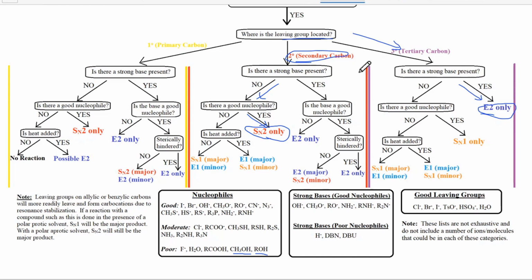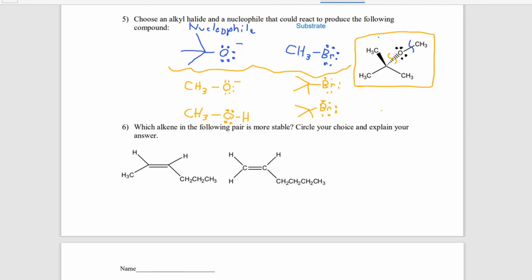Now, why would we get elimination? Because it's important not just to know what happens, it's important to know why it happens. In this case, we would only get elimination for this top combination. This would be E2.